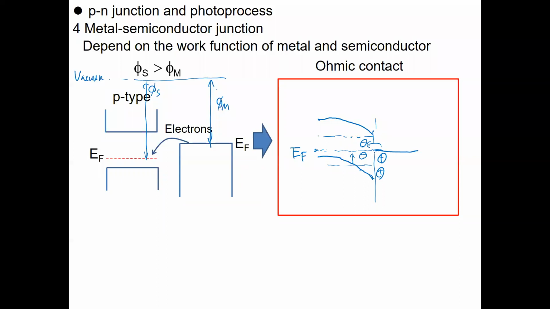And away from the interface, there are some holes in a p-type semiconductor, since this is a semiconductor. And you can see that for this contact, if you have an electron, it can easily move because there's no barrier here. So it's called the ohmic contact. Yeah, ohmic contact. Okay.